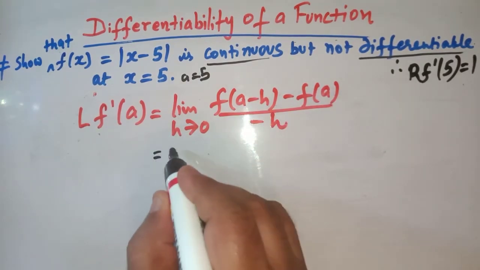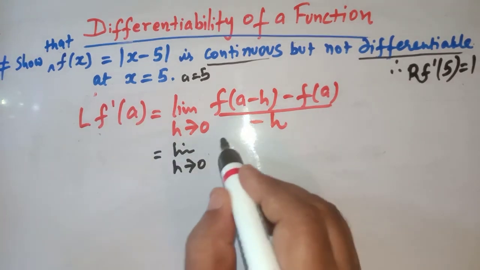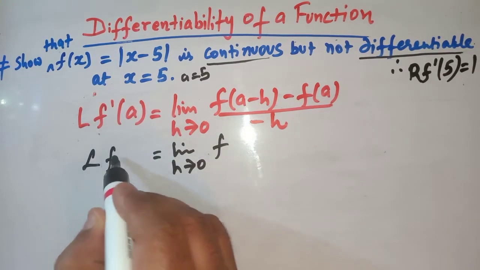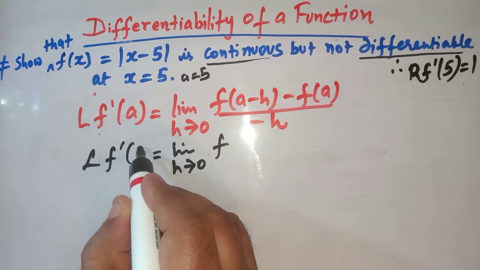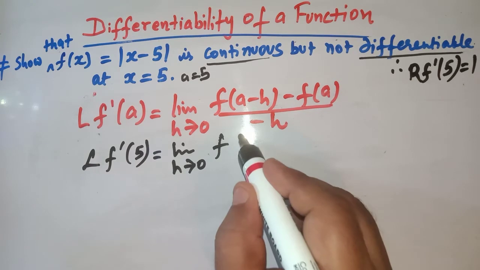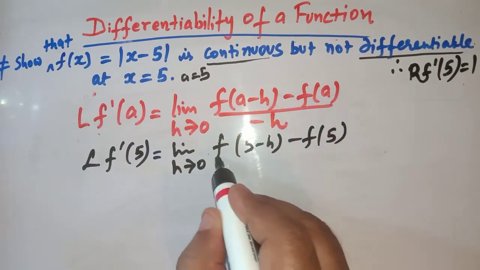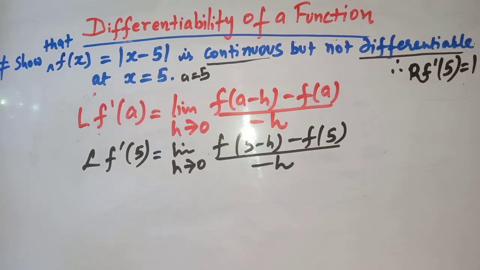Now here we will substitute the value. So we have L f prime of, here we have 5. Clear? So f of 5 minus h minus f of 5 over minus h.